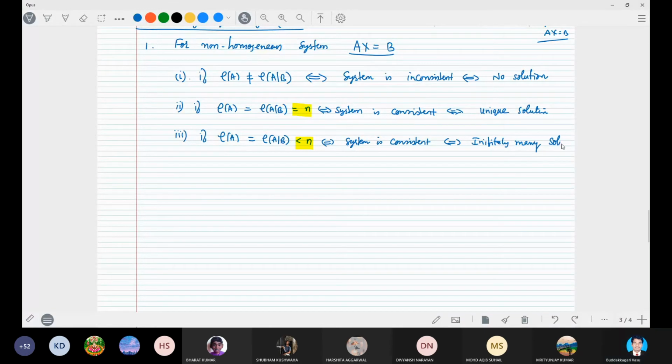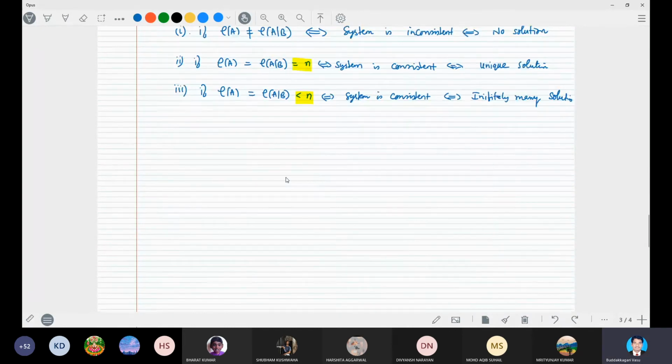Infinitely many solutions. How many solutions are there? Infinitely many solutions are there, in which n minus r arbitrary solutions are there.